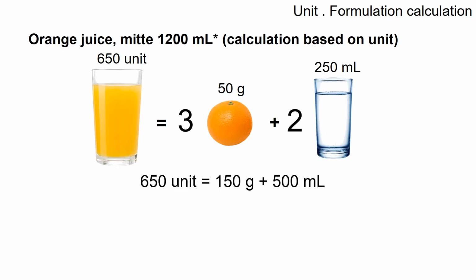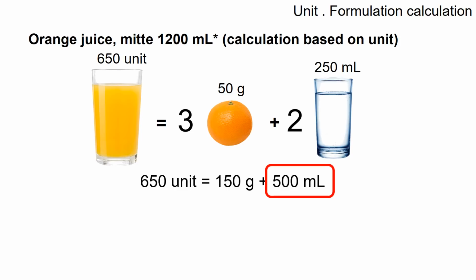And this gives you an idea that 650 units is equal to 150 grams of oranges and 500 ml of water. So what is important here is the volume. 650 units does not represent grams or ml. So how can you know how much volume you need to prepare?